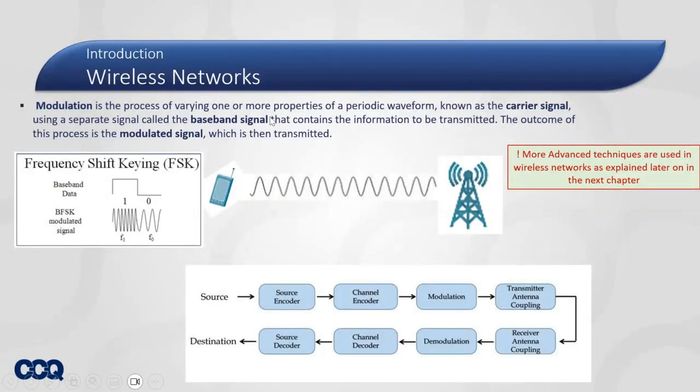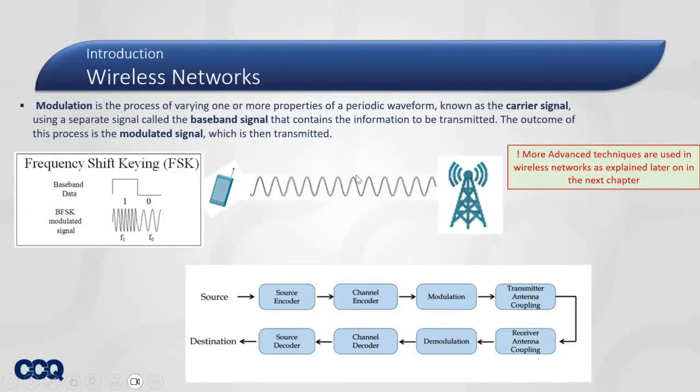But not only do I put the baseband signal that contains the information on a carrier signal, I also need to change one of the properties of the carrier signal. I need to change the frequency, or the amplitude by using amplitude shift key, ASK for example, or the phase.